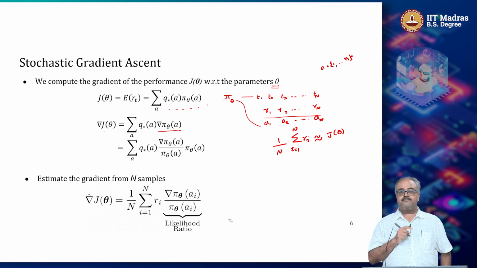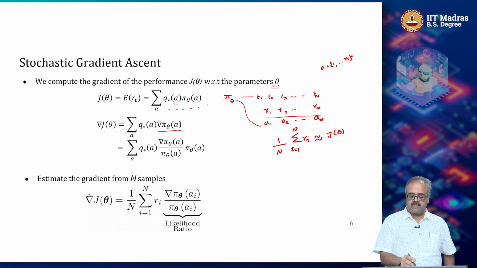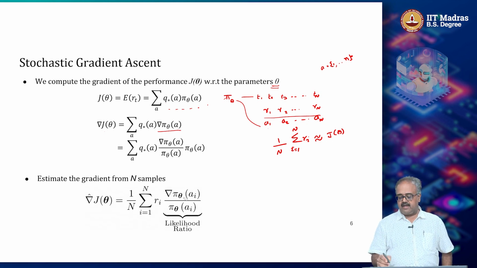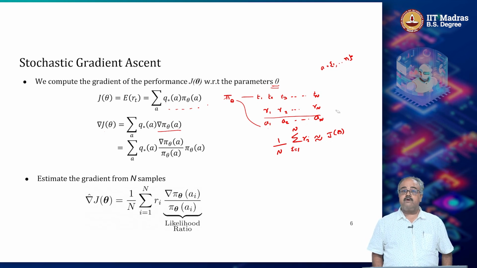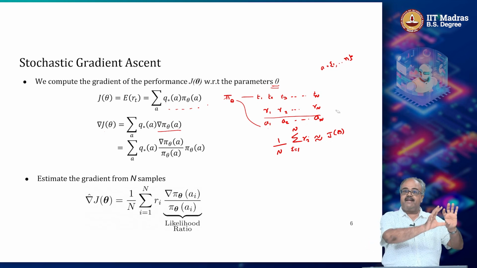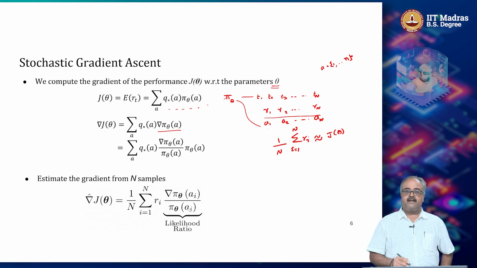Why am I able to do that? Because I am sampling these Ri's according to pi theta. So, instead of taking the expectation of q star according to pi theta, I can take the average of all the R's that I have taken by sampling according to pi theta, and that gives me an estimate of J theta, okay.